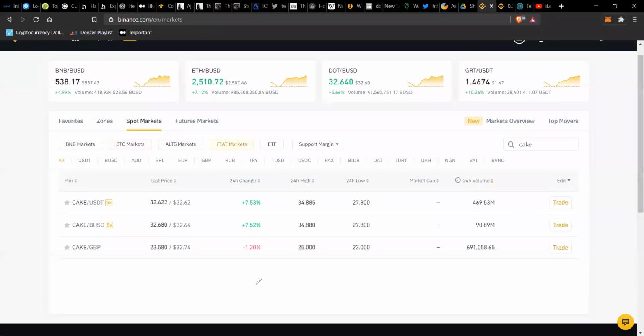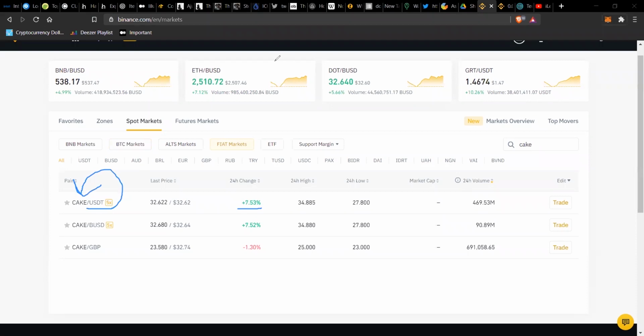USDT just remains as it is, stable. So if what I was holding was USDT, this means that the USDT I have now used to acquire cake has now grown by 7.53%. That is the meaning of this. So you just need to take note of that. It has now grown by 7.53%. So it is better that I sold my USDT and bought cake than I held that USDT.